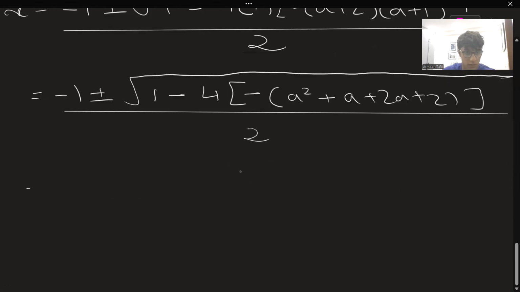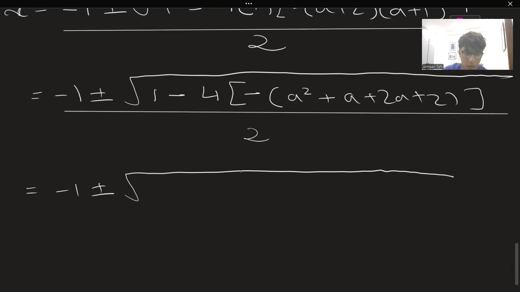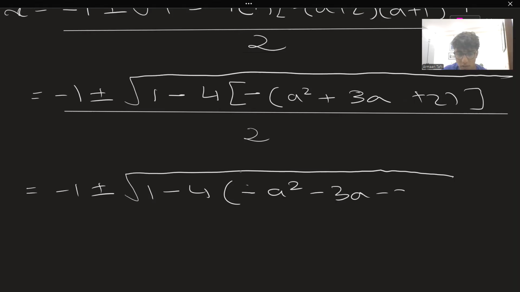And then we have minus 1 plus minus root of 1 minus 4 times minus a square minus a. Oh, wait. Let's simplify this. Let's write this as 3a. So 4 times, distributing the minus sign, minus a square minus 3a minus 2, and obviously divided by 2.